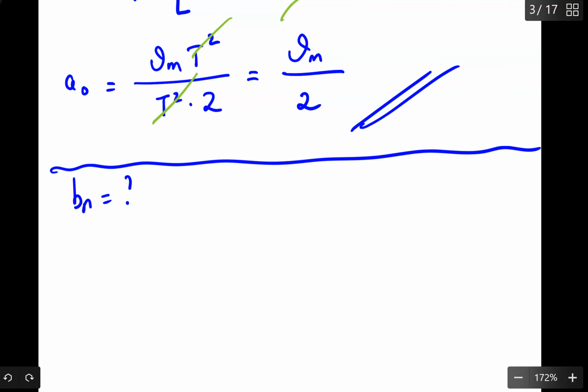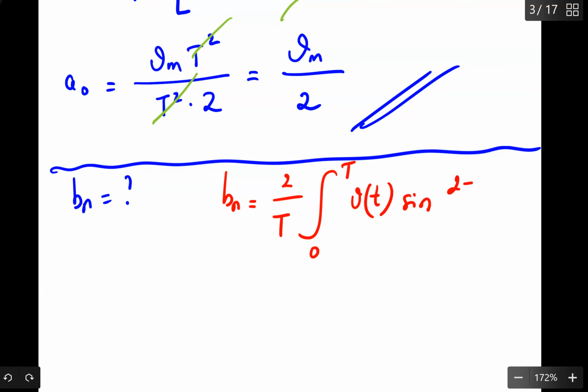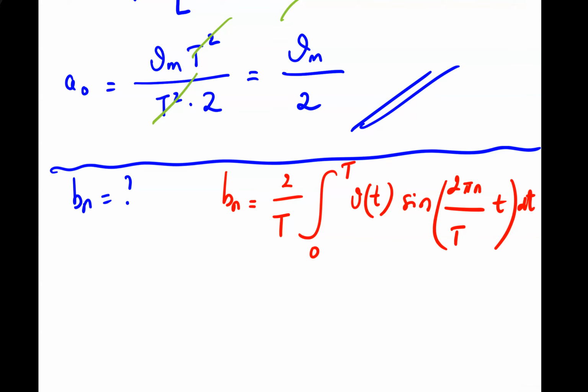Given the formula, Bn is equal to 2 over the period, integral from 0 to T, V(t) sine of 2 pi n t divided by T, evaluated in terms of t. So now we are going to substitute what V(t) equals into this equation.